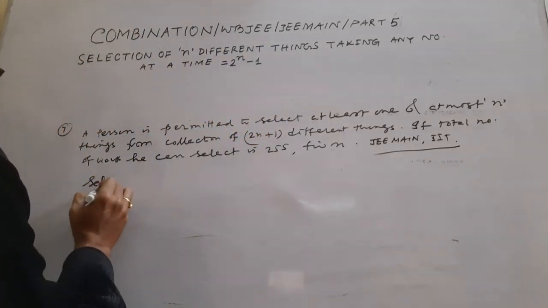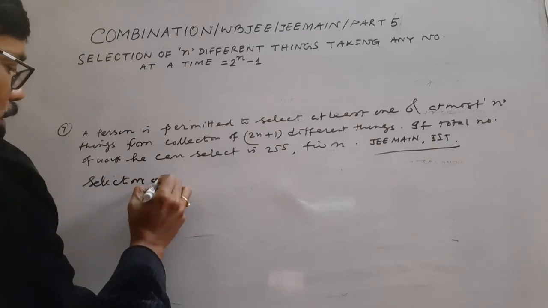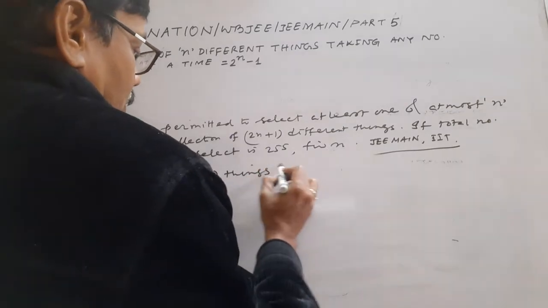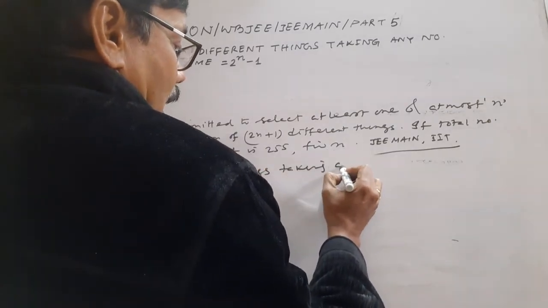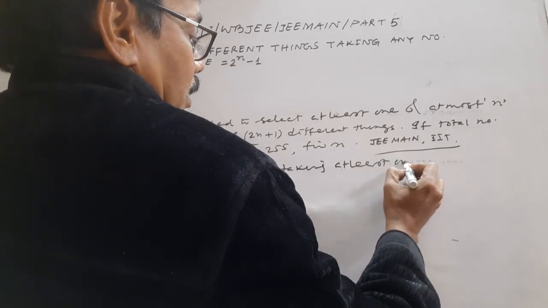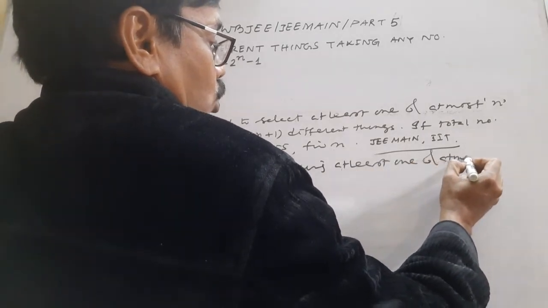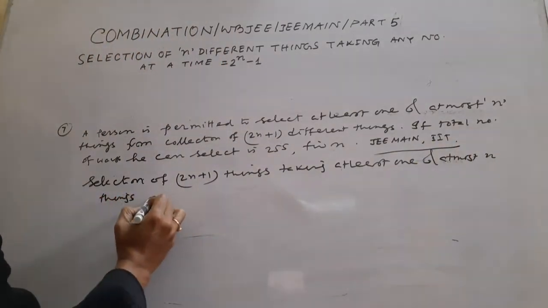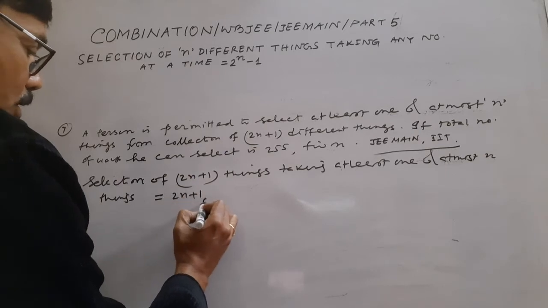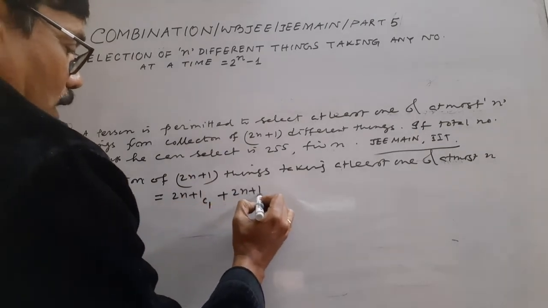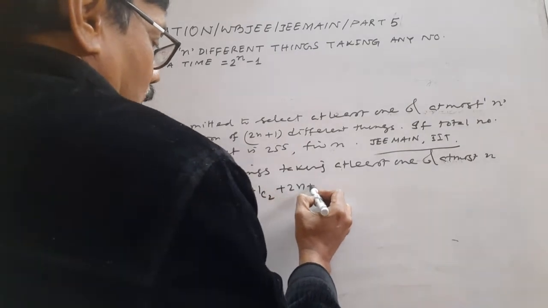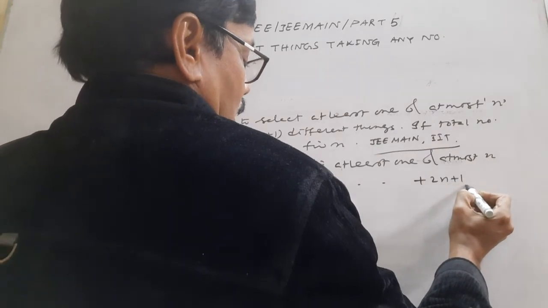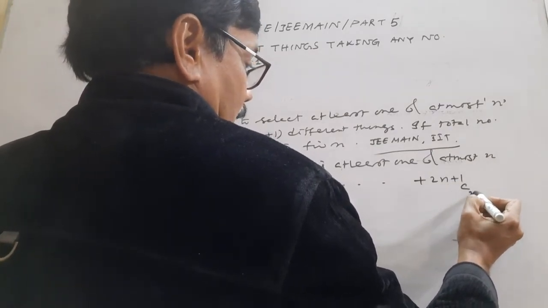So selections of 2n plus 1 things, taking at least 1 and at most n things, equals 2n plus 1 C1, 2n plus 1 C2, 2n plus 1 C3, and maximum 2n plus 1 Cn.